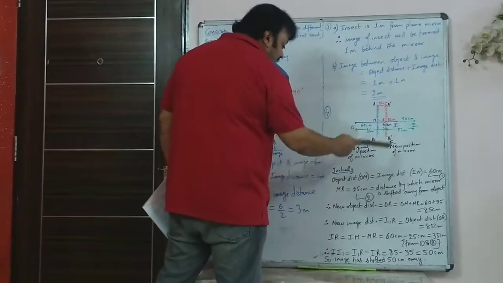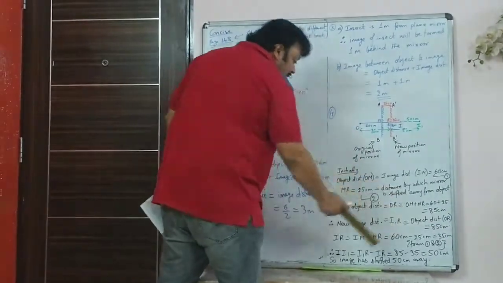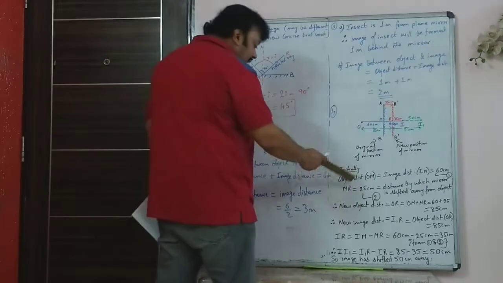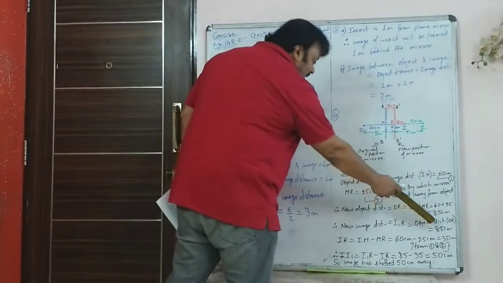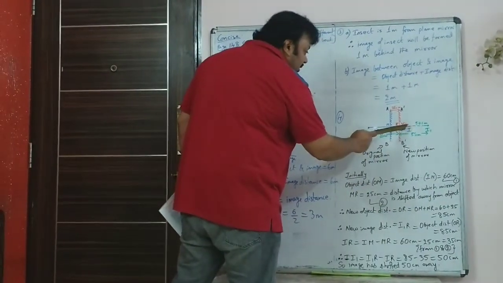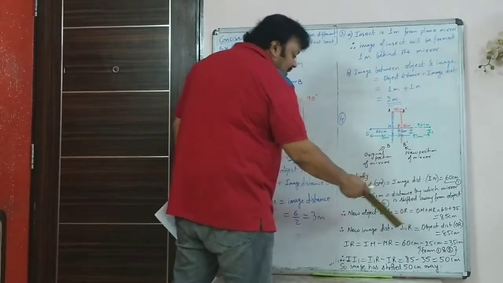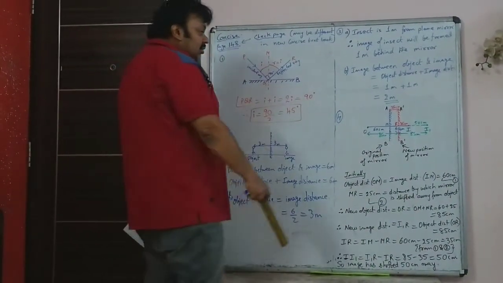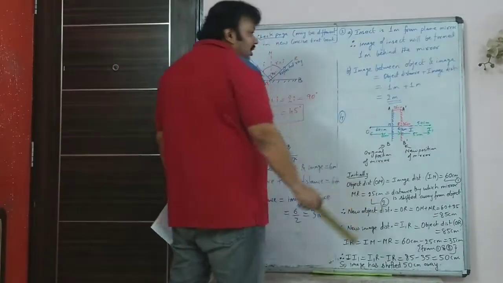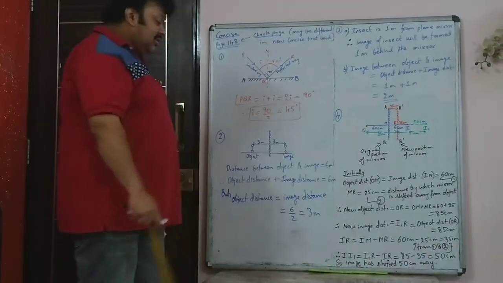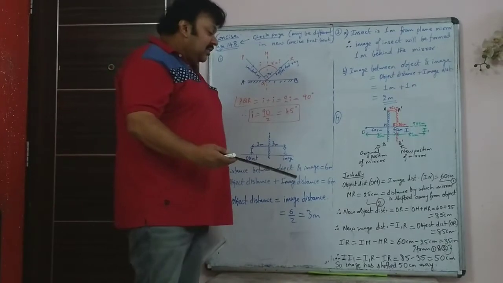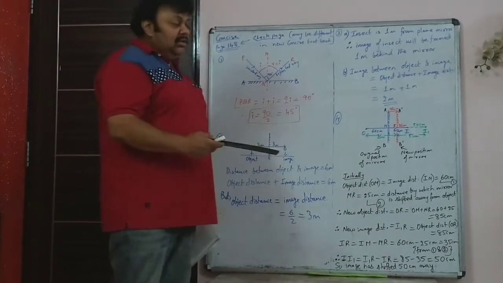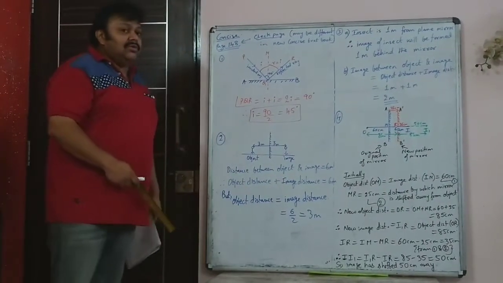I1R is 85 centimeter, which you have written, minus IR, which you found to be 35 centimeter. So 85 minus 35, 50 centimeter would be the distance between I and I1. So the image has shifted 50 centimeter away. That is what you are expected to write.